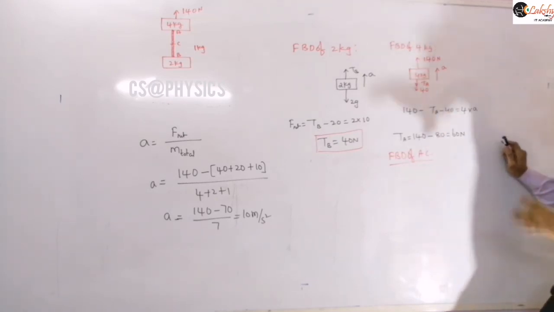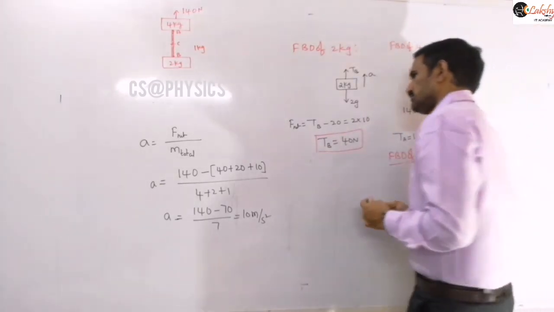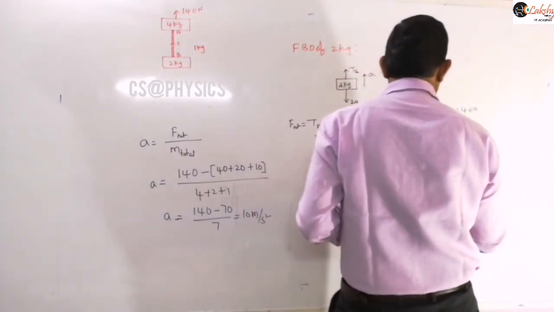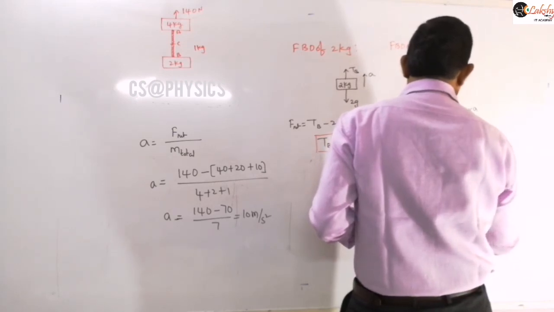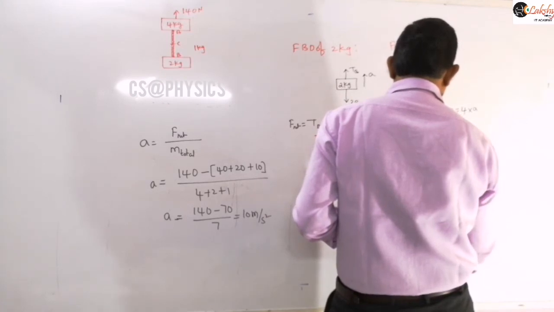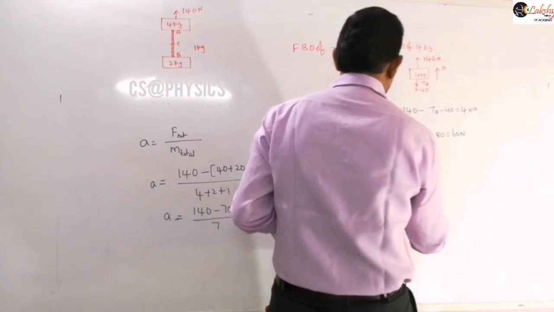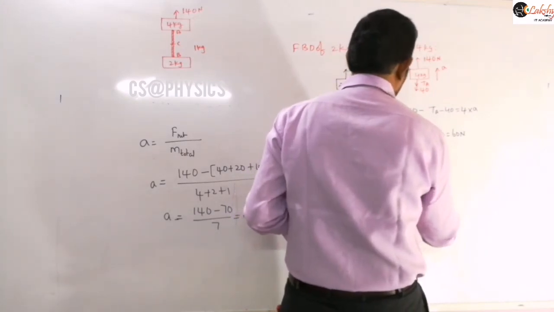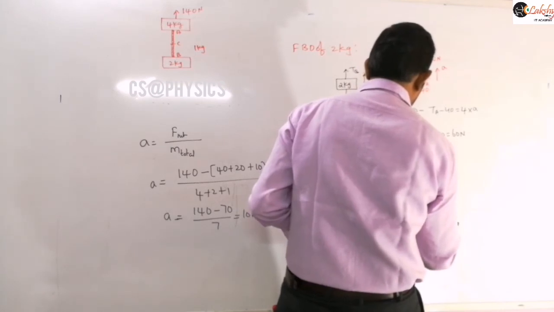Now I am taking the AC part because the tension at A is already calculated. The free body diagram of this AC part I can represent like this. This is the AC rope I am taking here. The tension TA will be there in the upward direction, and the tension at C will be there in the downward direction.